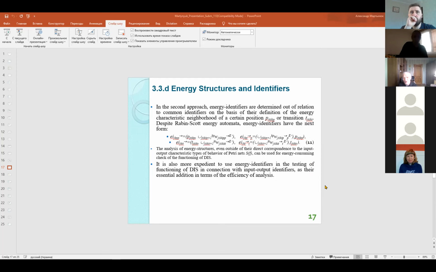It's also more expanded to use energy identifiers in the testing of functioning of this in connection with input-output identifiers as the essential addition in terms of the efficiency of analysis.